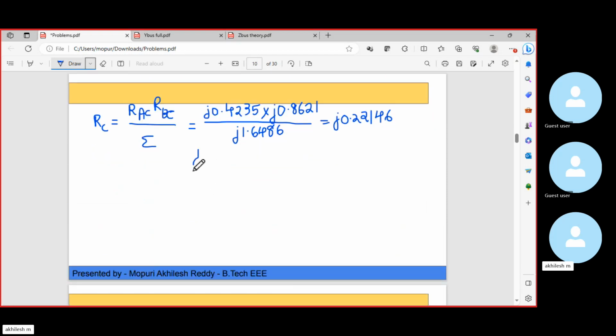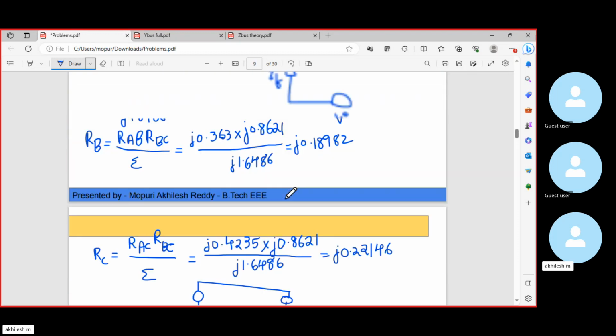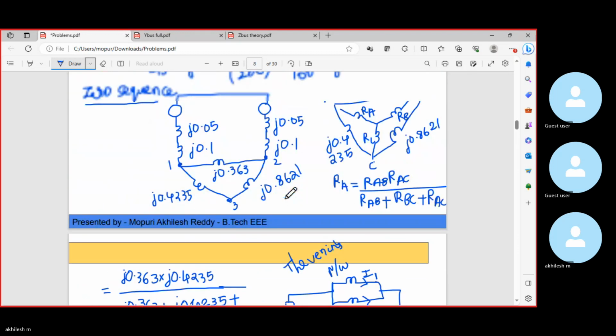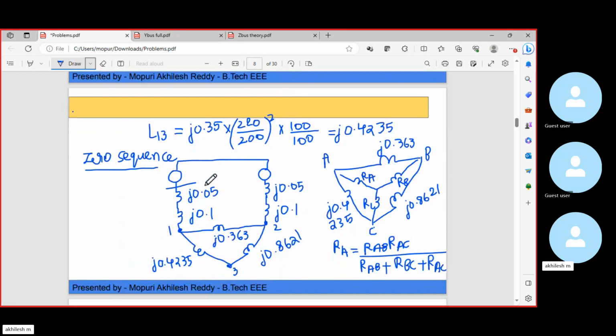So now the final diagram will be this, corresponding to generator 1. Here, if we observe, these two will be in series. Similarly, these two are also in series.